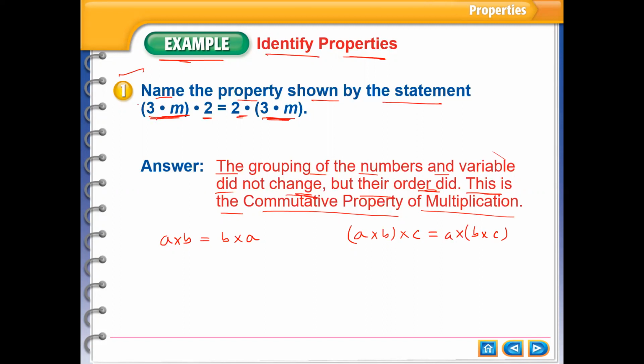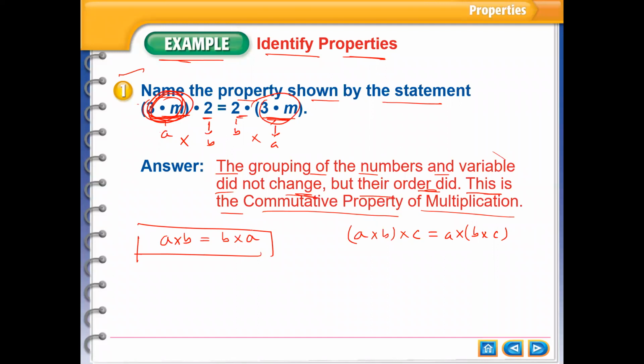As you can see, the numbers inside the bracket are not getting changed. If the numbers inside the bracket get changed, then we can say it's associative property. Otherwise, it is a commutative property, because this is your A and this is B. This is B, this is A. So this is A into B and this is B into A. That is why this is a commutative property.